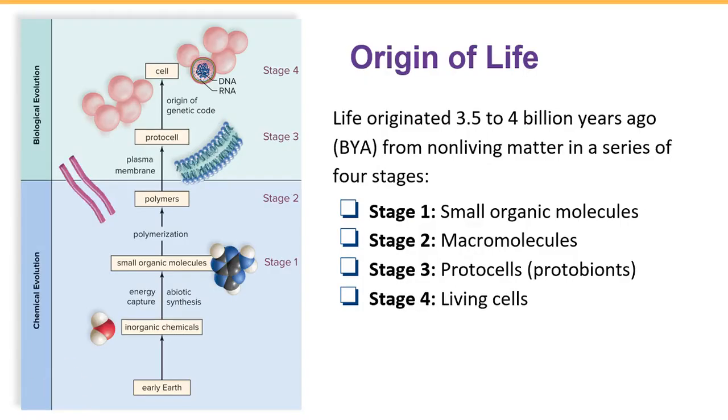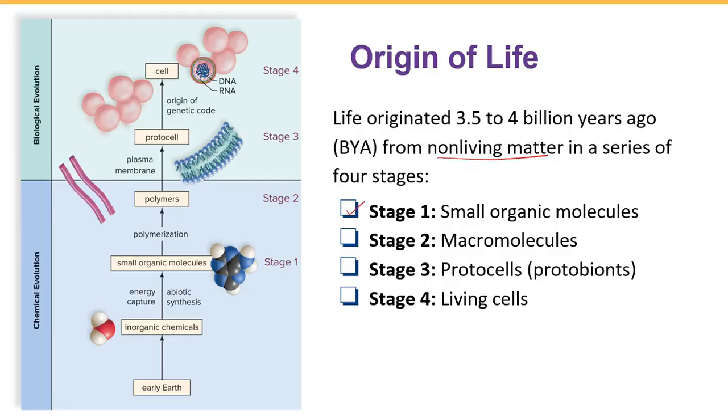Okay, now let's see how life has been created. Life on Earth began about 3.5 to 4 billion years ago, and it started from non-living chemicals. Scientists describe this process in four major stages.